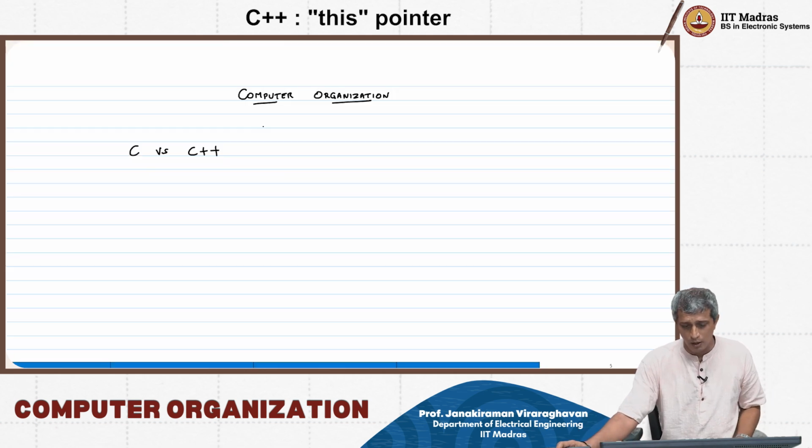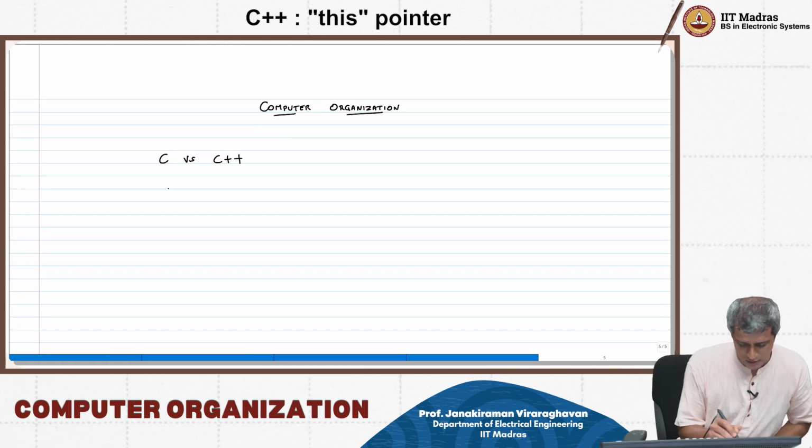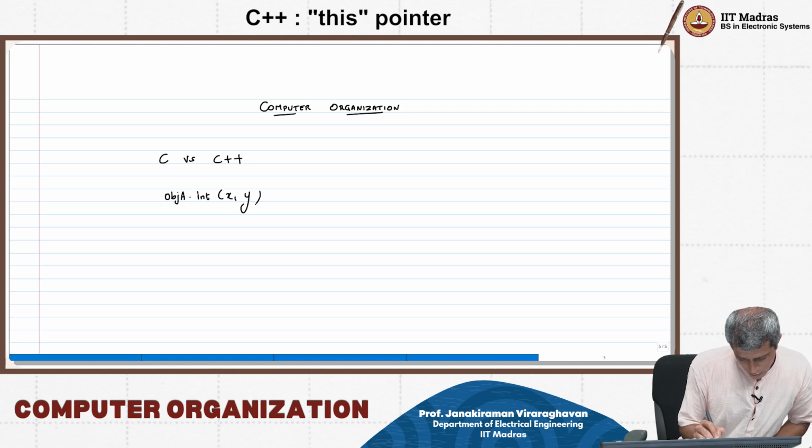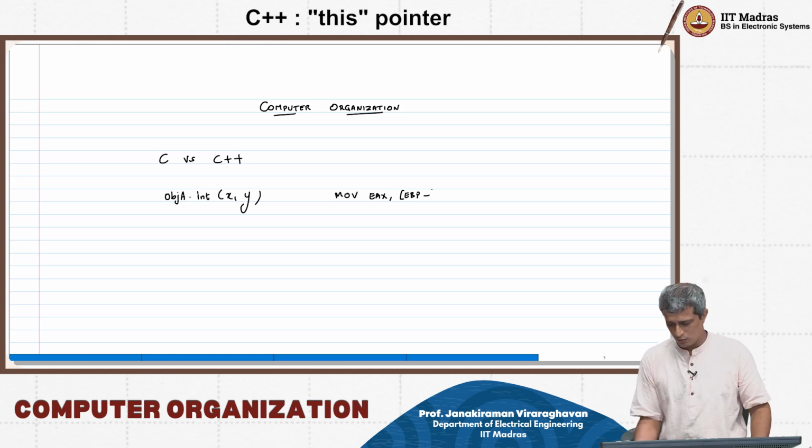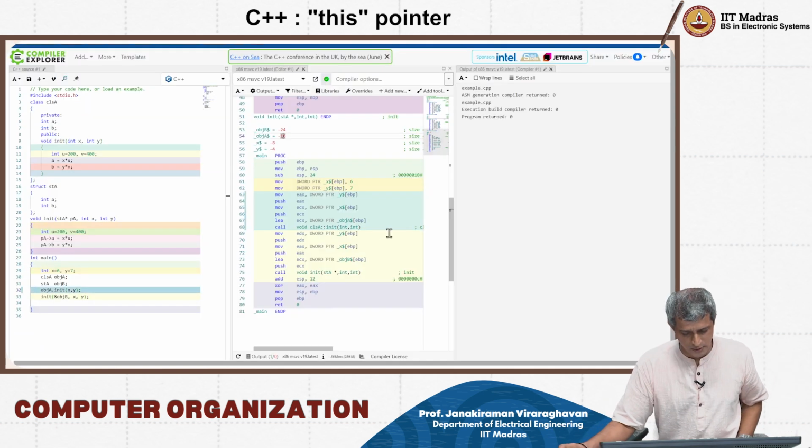So remember, in C++, the object A dot init of x comma y gets translated to move EAX comma contents of EBP. So what is this? Let me look at this statement here.